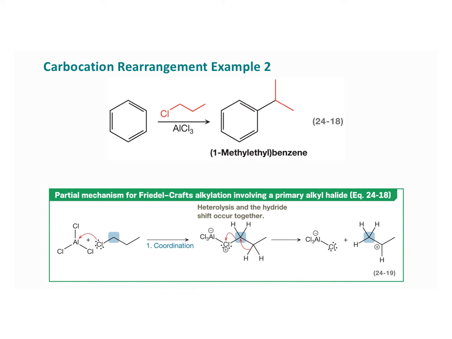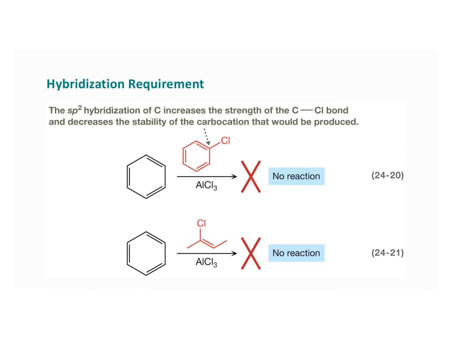In addition to this issue, in some cases, no Friedel-Crafts reactions will take place at all. What we see here is another benzene ring with a Cl. So this is like a benzyl chloride or a vinyl chloride here. And the sp2 hybridization of a carbon increases the strength of the carbon-chloride bond.